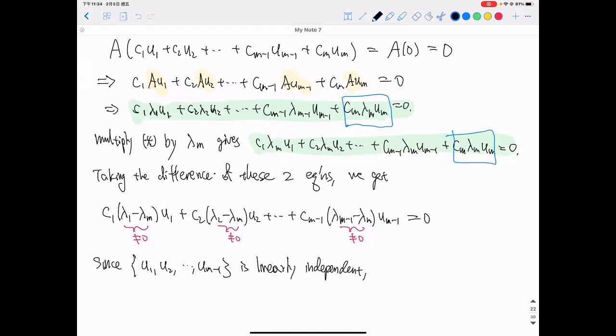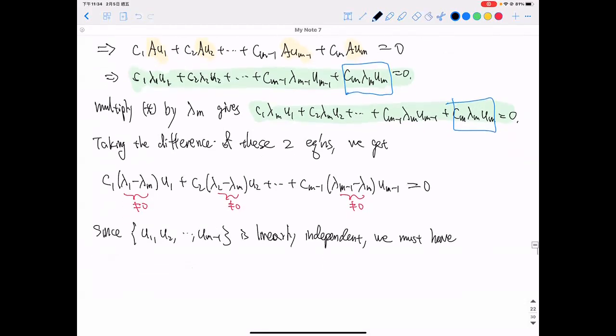As we notice, the factors that are differences between the lambdas are not 0, so the C's must be 0. We must have C1, C2 to C(m-1) equal to 0.